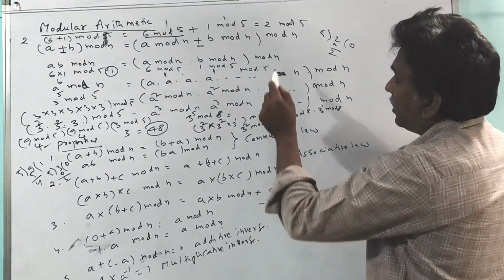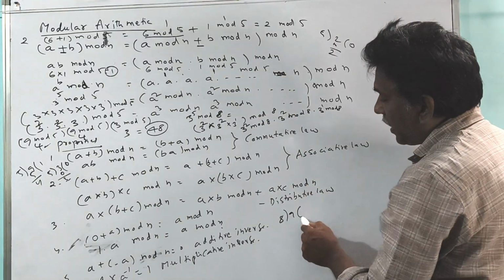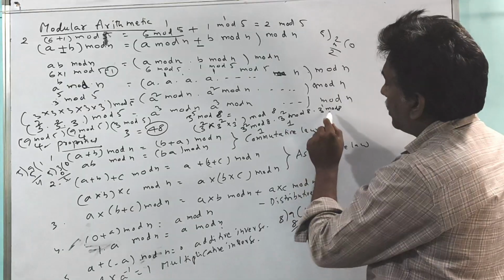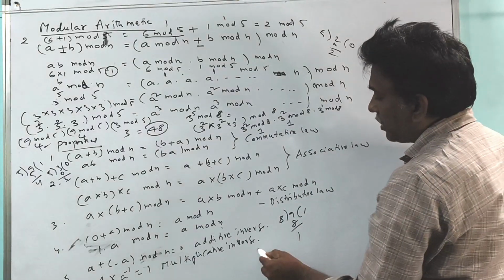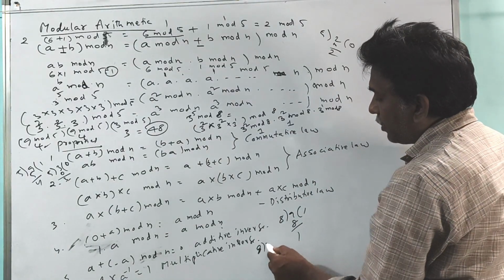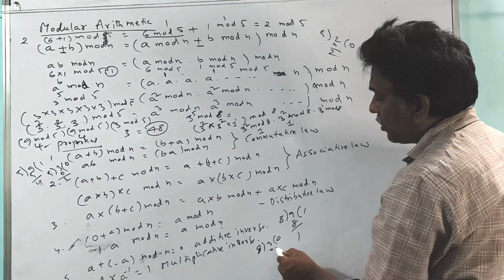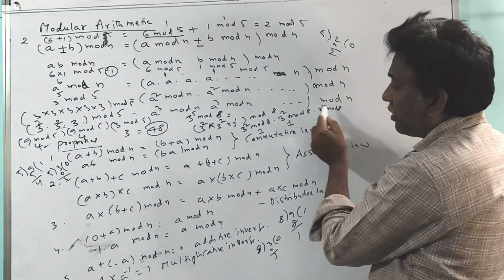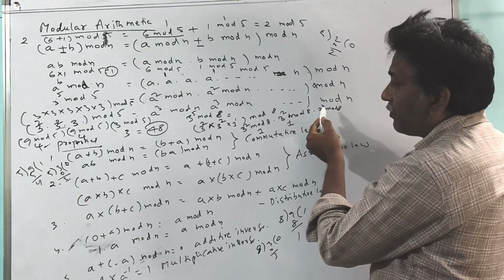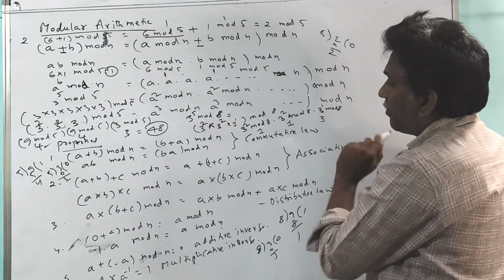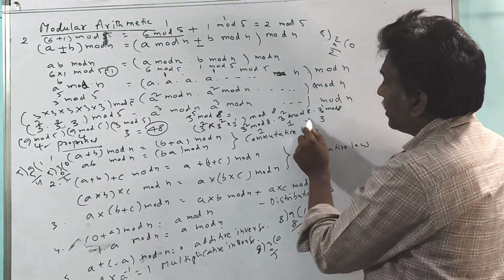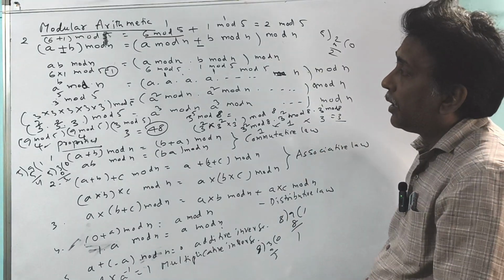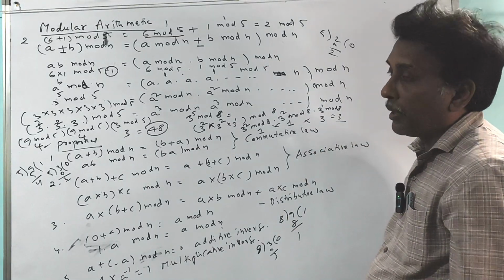If you divide 9 by 8, 8 ones are 8, remainder is 1. So this is 1, and this is also 1. 3 mod 8: 8 divided by 3, 8 zeros, remainder is 3. Since it is less than the n value, the same number comes. 1 into 1 into 3, so the answer is 3. Like that you can find a power b modular.